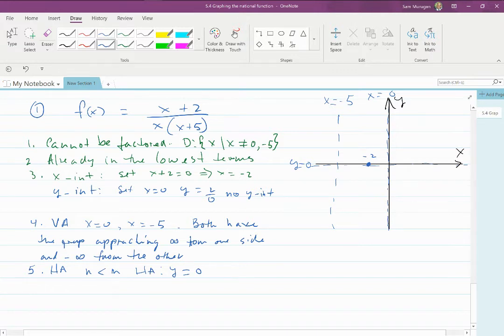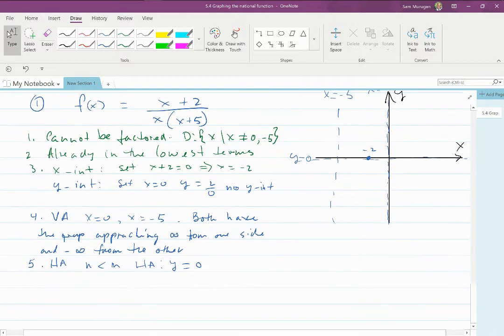Now, it becomes a little strange at this point because we have to determine if the graph crosses the horizontal asymptote. And that's pretty obvious here because right here, x plus 2, we know the graph crosses, because the multiplicity that created it was to the power 1.